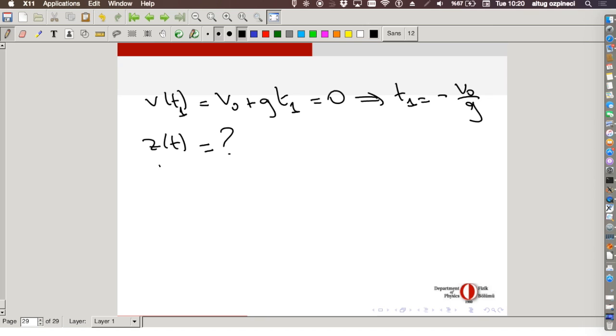Now we know if we draw the velocity curve as a function of time, we first threw it upward. So initially the velocity was negative. And if you see, this is nothing but a line with a positive slope.